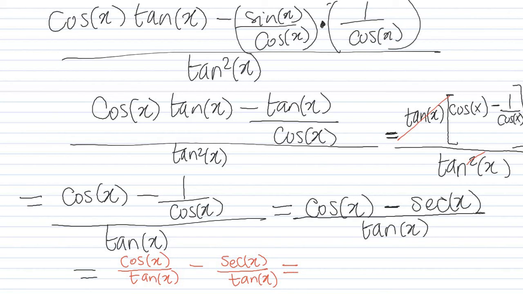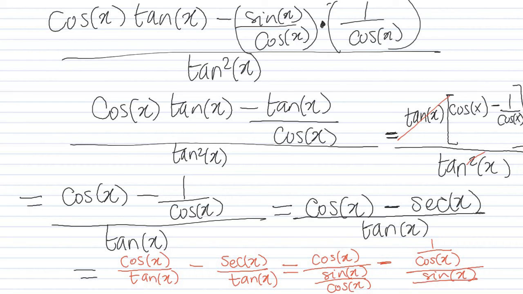So this equals cosine x over sine x over cosine x, minus 1 over cosine of x divided by sine over cosine. So you're going to divide this one here and this one here. You divide the cosines and take them out, and then you have cosine x divided by sine x minus 1 over sine. So we're going to put that on the next page.